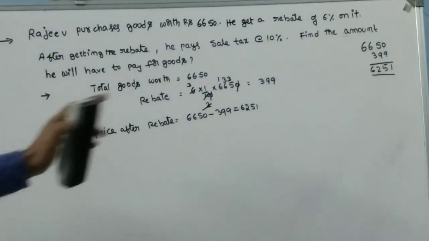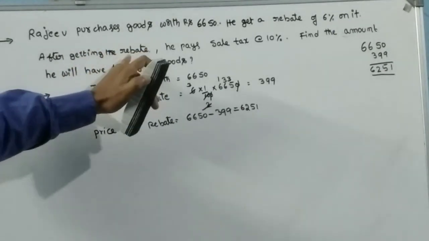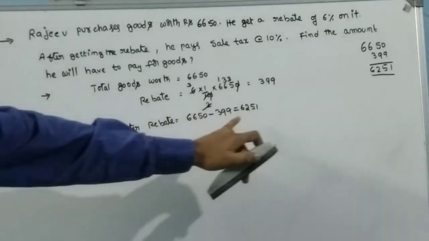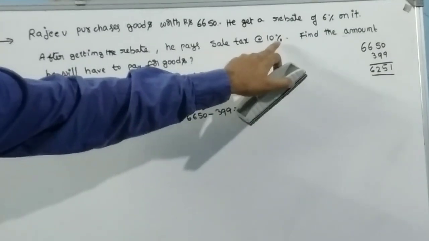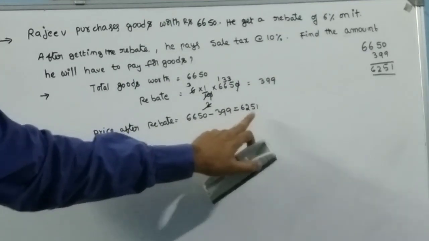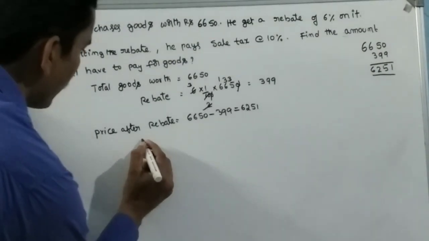Now after getting the rebate, how much amount does he have to pay? 6,251. Again he has to pay sales tax at the rate of 10% on this amount. Then we find out the sales tax amount.